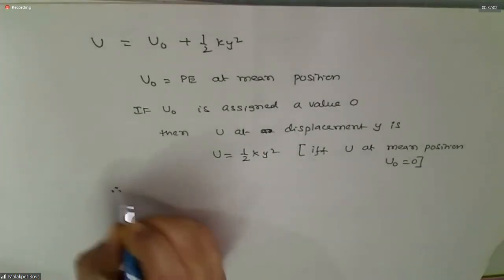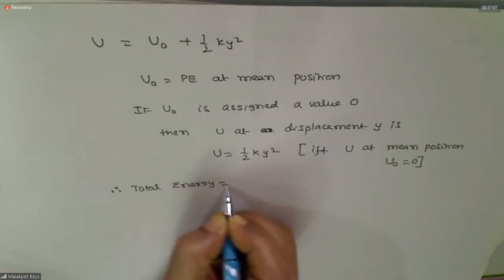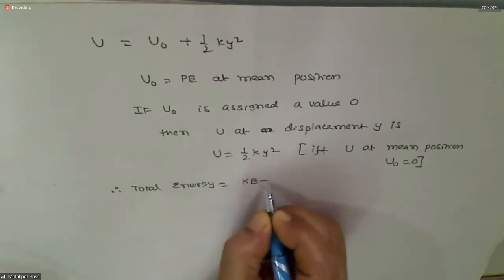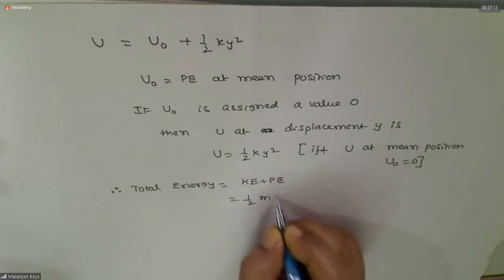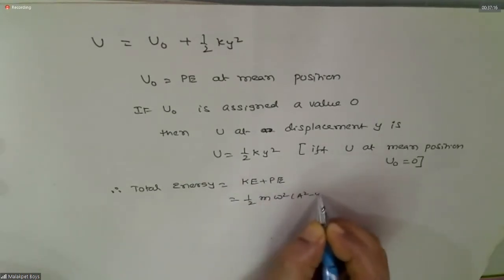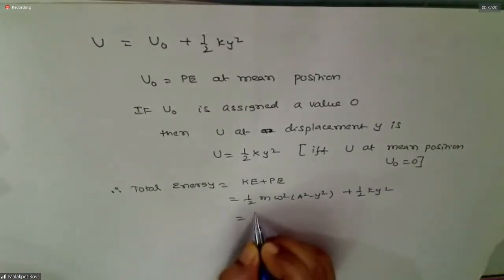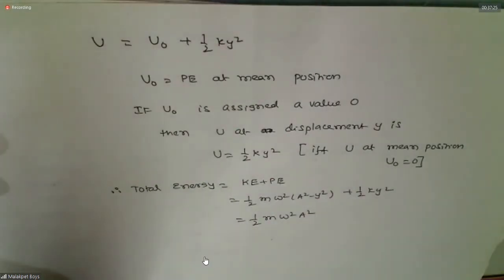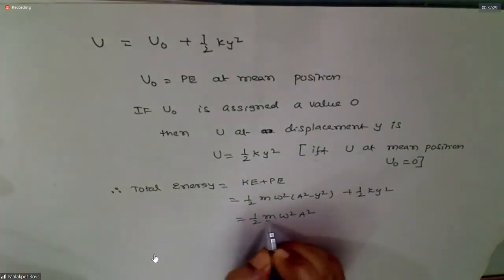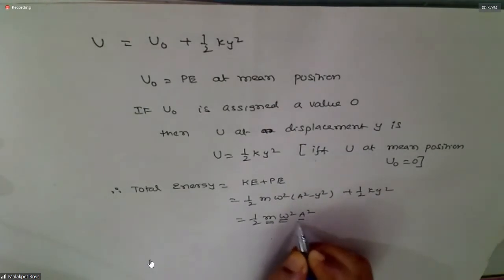Therefore, now you can see mass is constant, particle moves with constant omega, amplitude is constant.